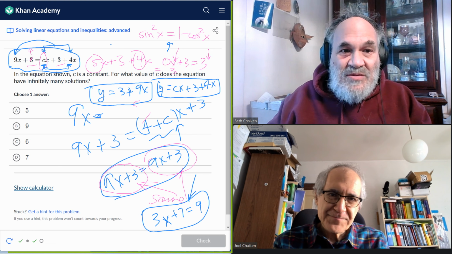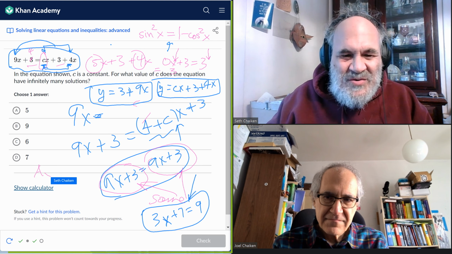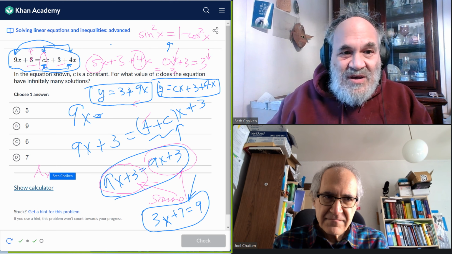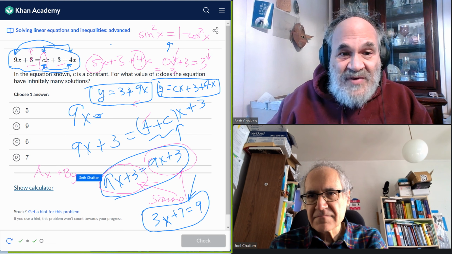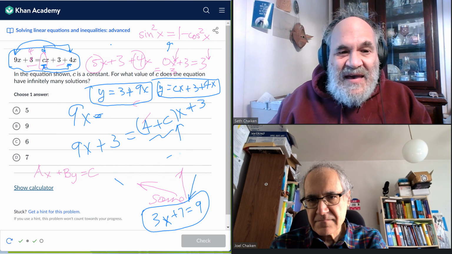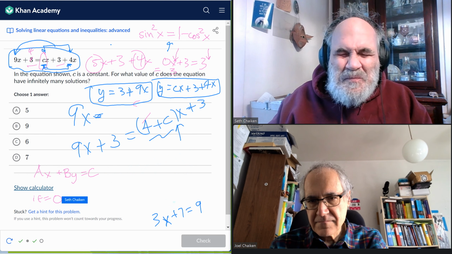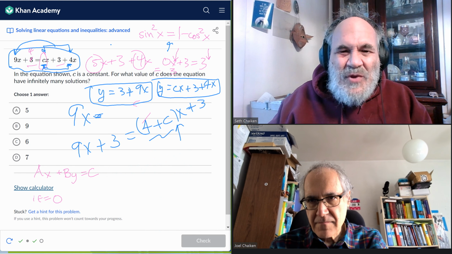Well, another way to look at it is that in a general linear equation with a constant right-hand side in two variables, they have ax plus by equals c. If a equals 0, no, we have a y there.